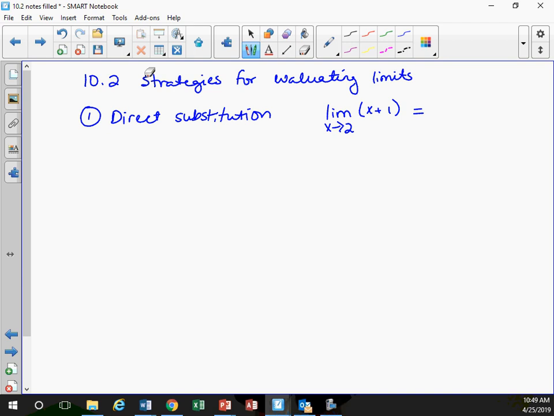So you could think about graphing it and then go to where 2 is and approach from both sides. But isn't it just going to be what the y value is when x is 2? Yeah, so you just plug 2 in and say, okay, the limit is 3. So if it's something that you can plug in and you don't get an undefined value, just plug it in and be done with it, okay? So those are the simplest ones.